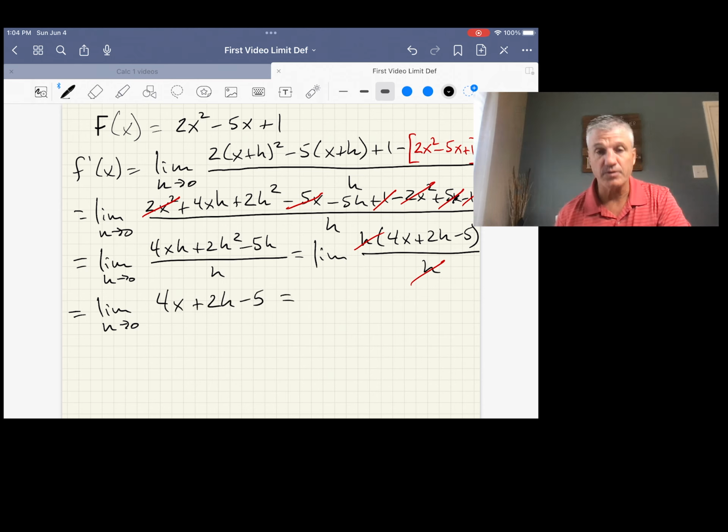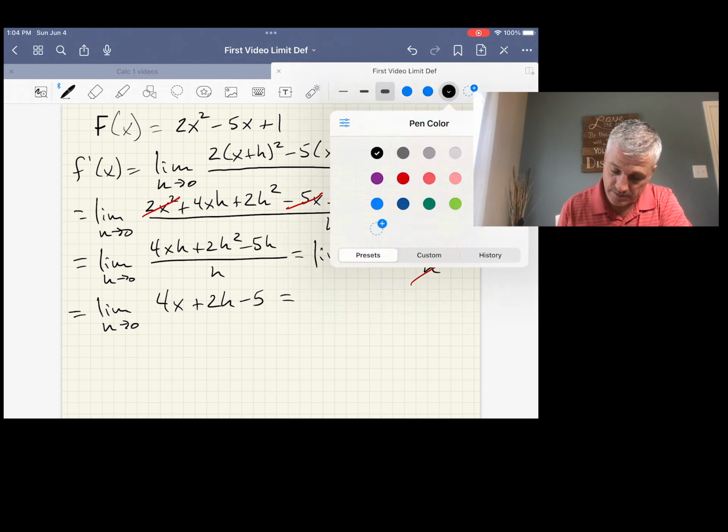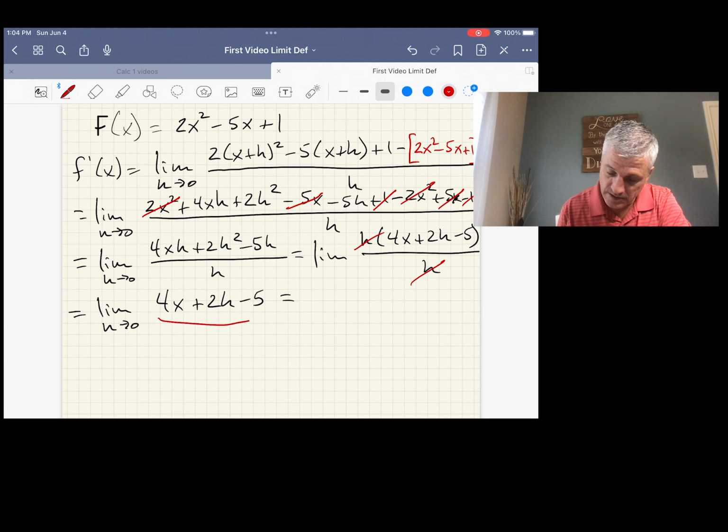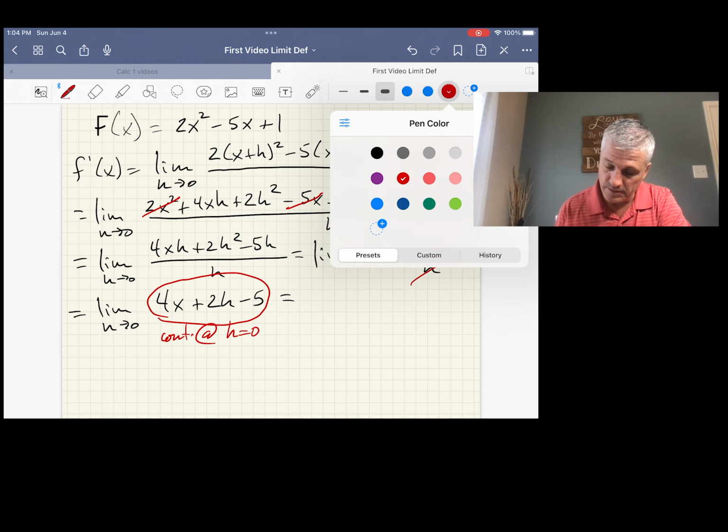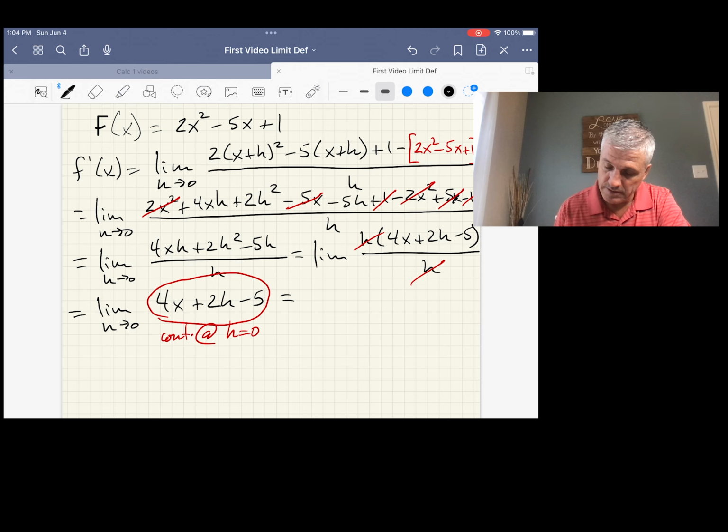Now I'm going to take the limit by plugging in h equals 0, and the reason I can do this is this function here, the one that I'm underlining, is now continuous at h equals 0, and so I can plug in h equals 0, and what I wind up with is 4x minus 5. And note, once again, that this is a linear function, and that's what we expect when we have a quadratic.